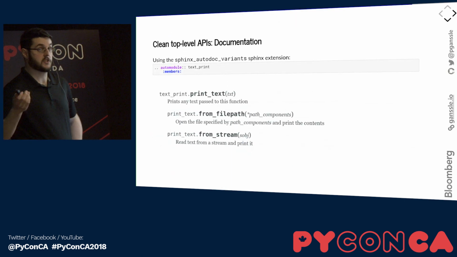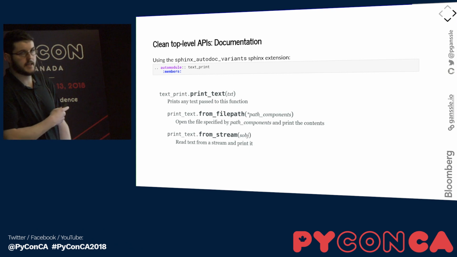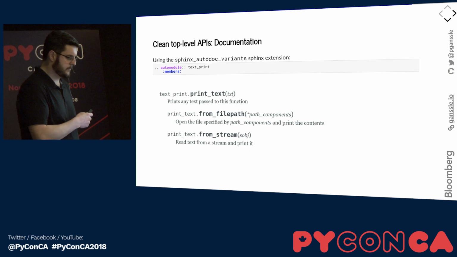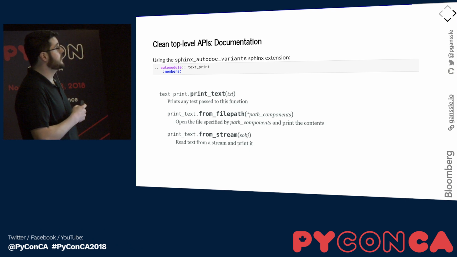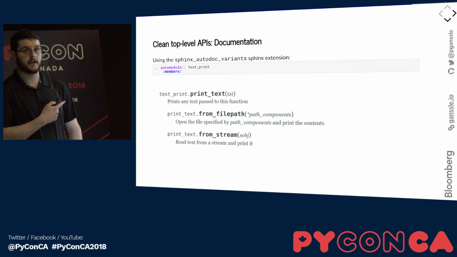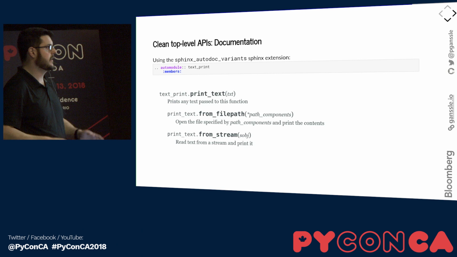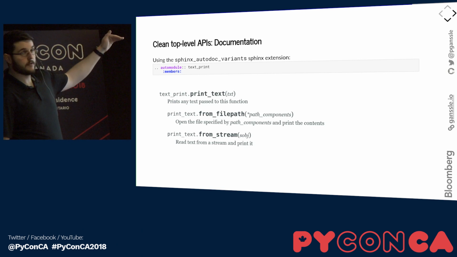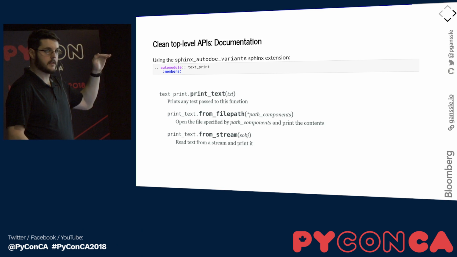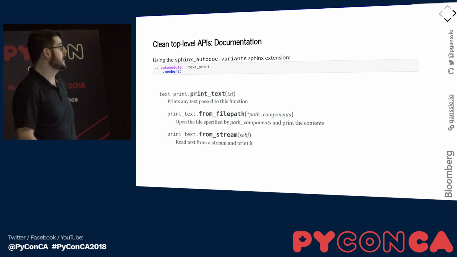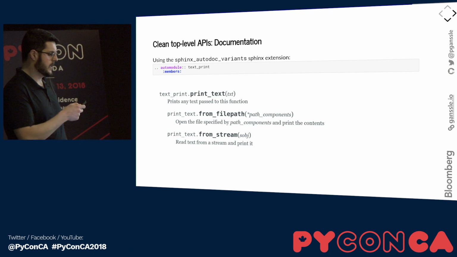And it's the same amount of typing. But you can't do things like this, because I've written an extension to Sphinx that is aware of these variants. So you can have all your stuff organized and your variants, and then the top-level function will be the top-level element in your Sphinx documentation, and all its variants will be nested underneath it.